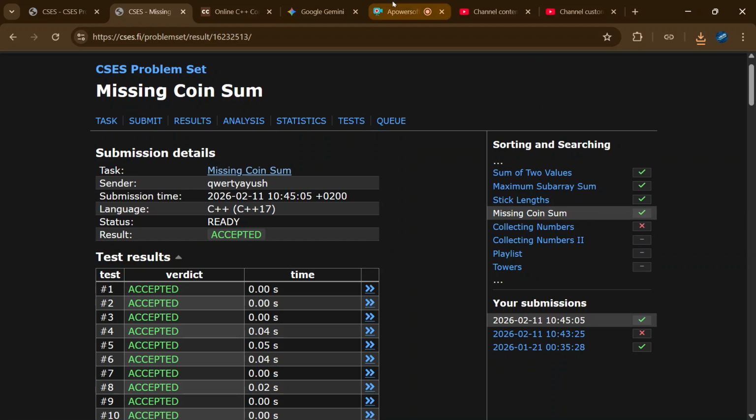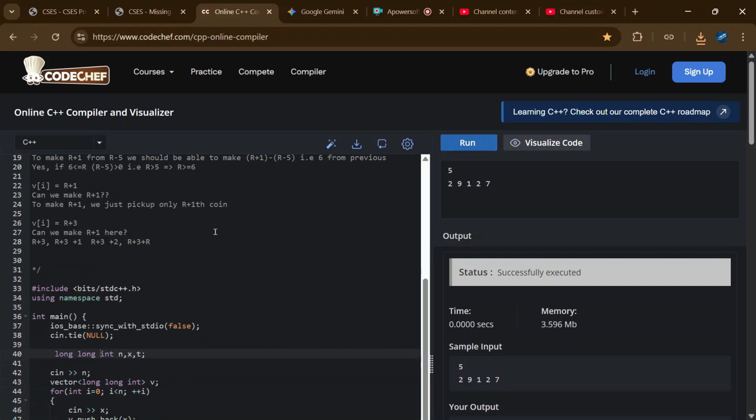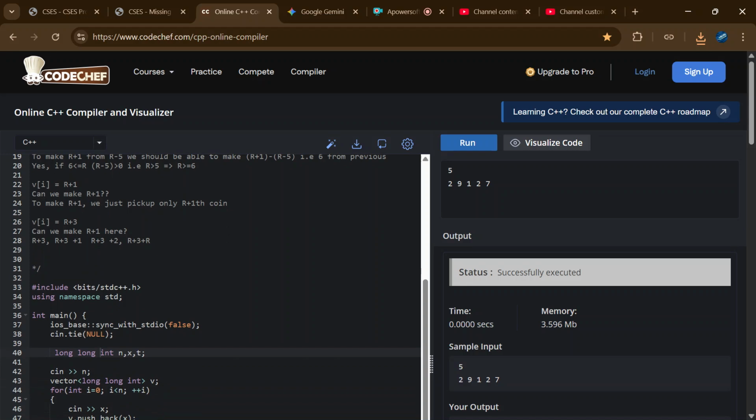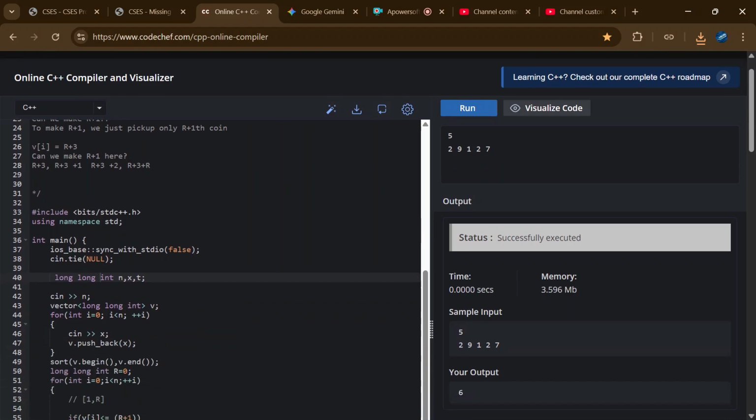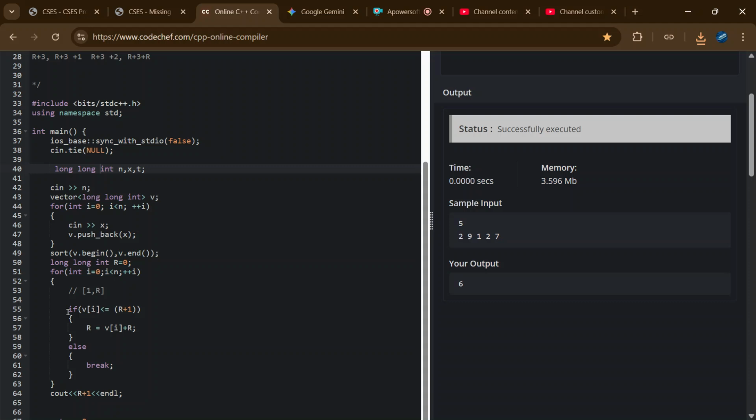Okay, so yeah. What did we do? We first went to a random index and saw what options can be explored and what we have from previous things: that we can make numbers from 1 to r. And we can do only two things.